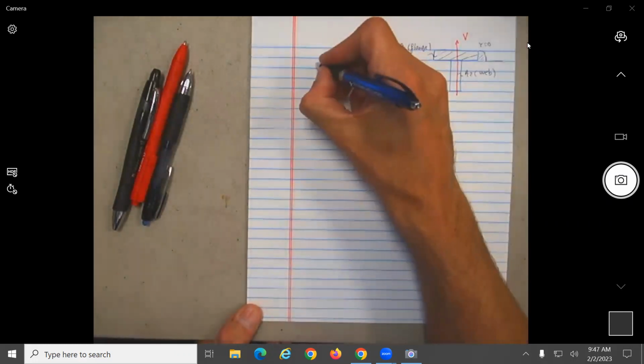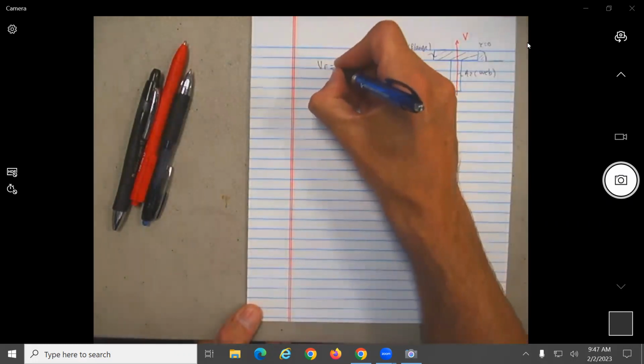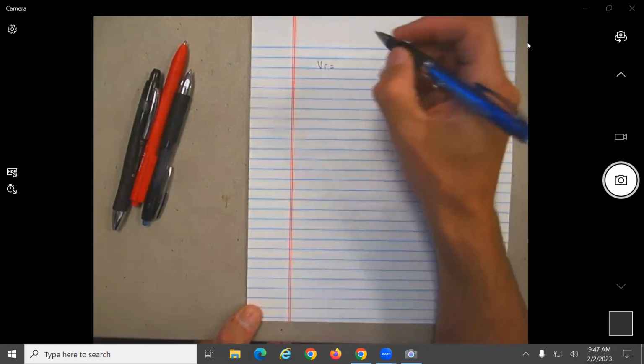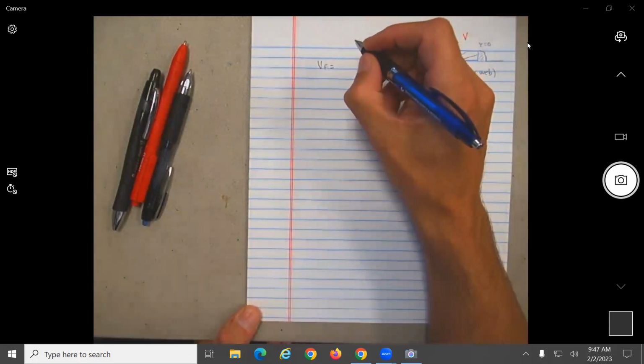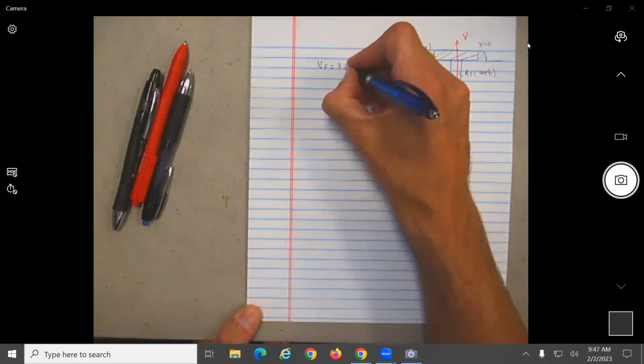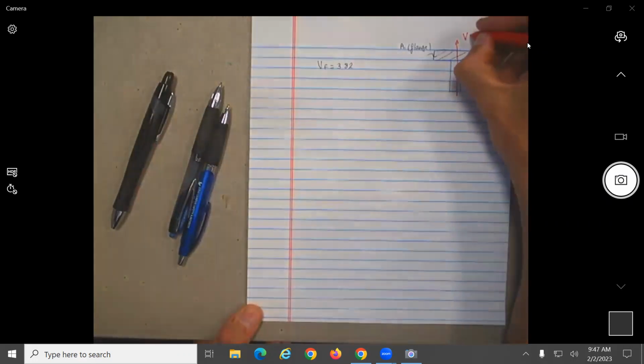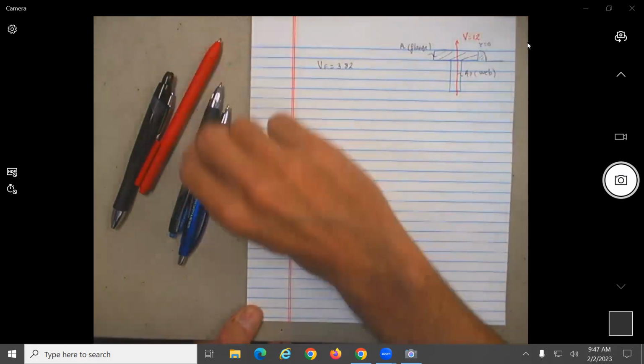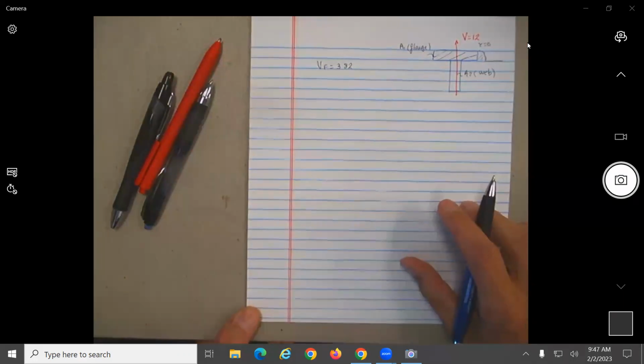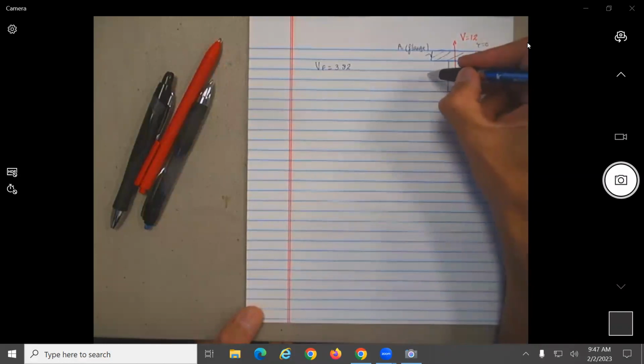So we saw that the total shear force carried by the flange was equal to 3.82. Okay, and we knew here that V was equal to 12.